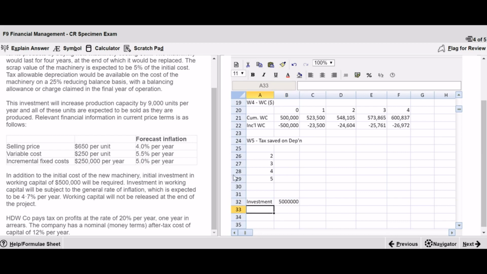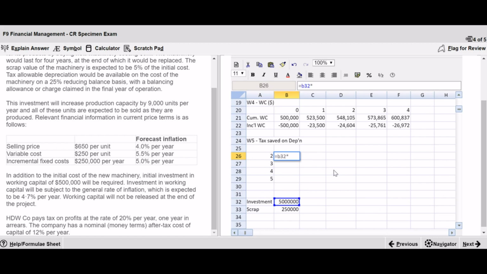We have the scrap value, which is 5% of the initial cost. So the scrap value is B32, and we just need to take the 5% of that, giving us $250,000. Now what we need to do here is we need to take the investment, which was the B32.